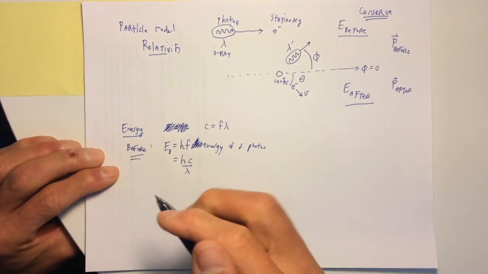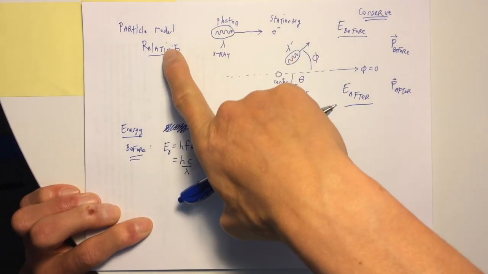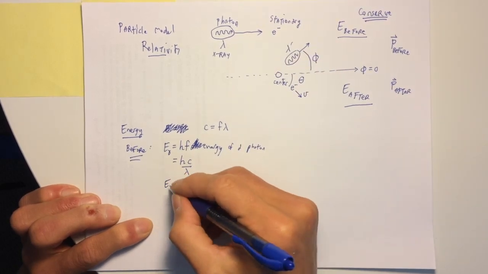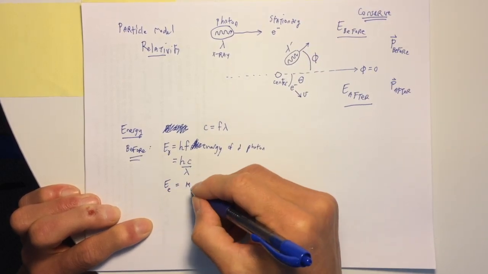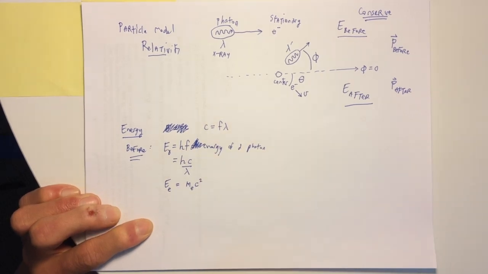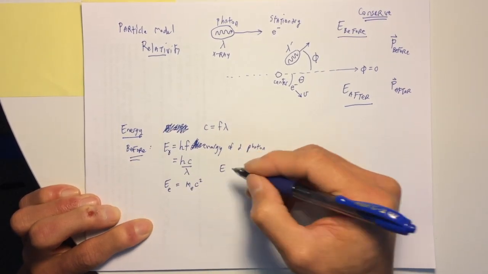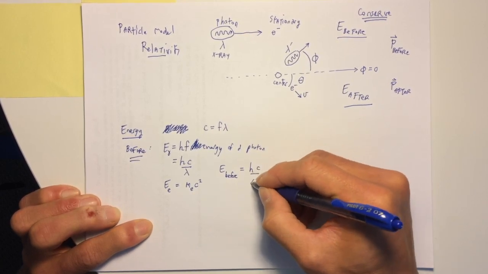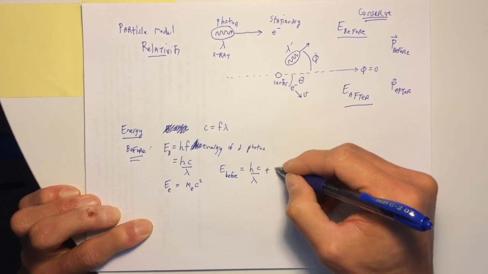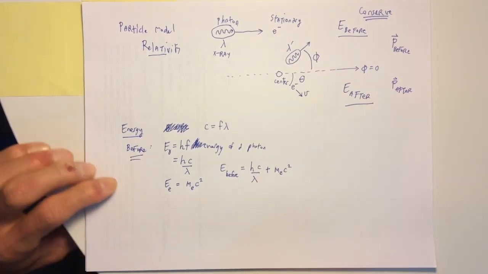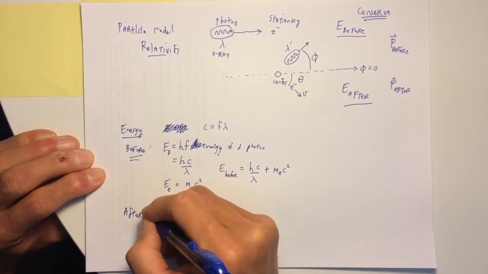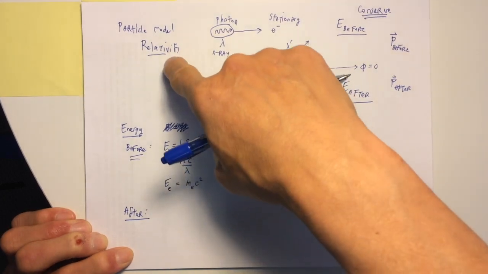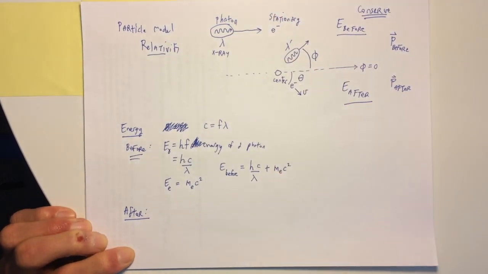So before, I've got photon energy, but because we're talking about relativity, I've also got electron rest energy. So the energy of the electron is equal to mass of the electron times c squared. So the total energy before is equal to hc over lambda, energy of the photon, plus we have the rest energy of the electron. After the collision, though, I've still got rest energy of the electron, but the relativistic particle energy of the electron is interesting.